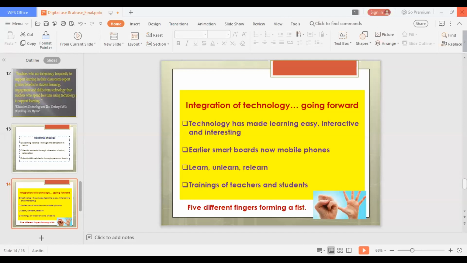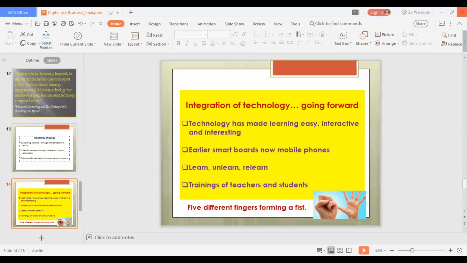Teachers are of learning, unlearning, relearning. And in the times to come also, we will have to adopt these ways only to help ourselves out. The training of teachers is very important, and we are able to do that.